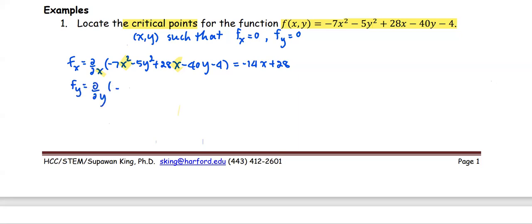We treat y as the variable, and the rest is constant. We get negative 10 times y minus 40, and then we let it be 0. After that, we're going to solve for x and y that satisfy these two equations at the same time.